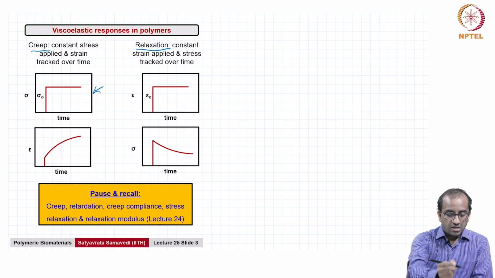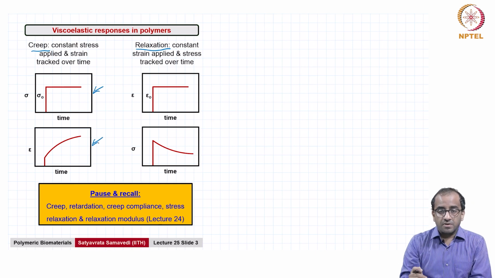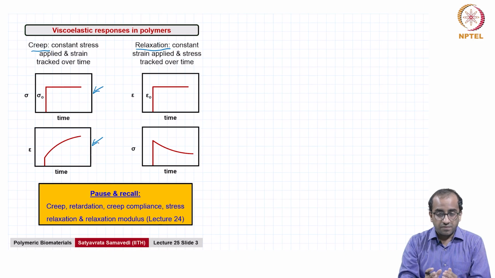The response of a polymeric material could look like this, where initially there is a higher rate of increase of strain with time, and then the rate of increase keeps decreasing, eventually perhaps reaching a constant value, or in some cases continuing to increase at a linear rate, although at very small values.